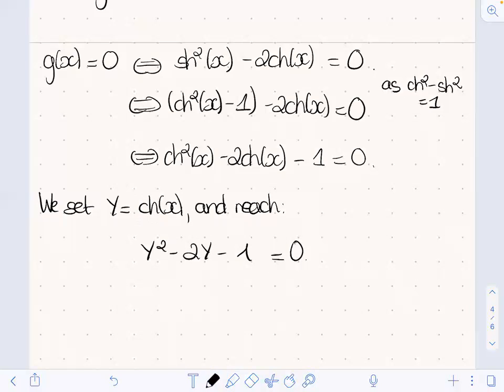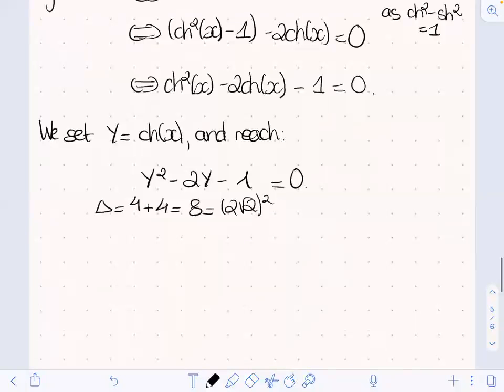So if we have this polynomial, we can compute its roots, as we've done many times this year. We'll have delta equal to 4 plus 4, so that's 8, which is 4 times 2, and that gives you 2 square root of 2 squared. So there are two real roots.